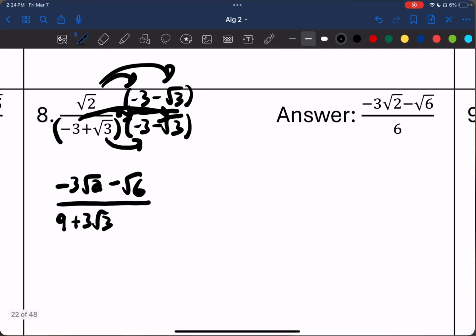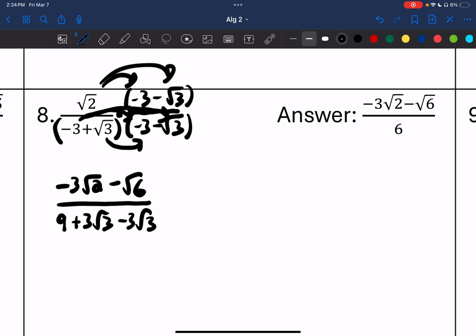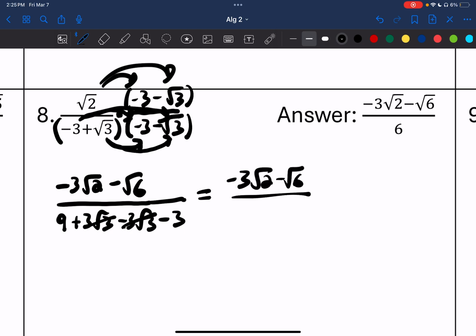Root 3 times negative 3 is negative 3 root 3. And then positive root 3 times negative root 3 is negative 3. Plus 3 root 3 minus 3 root 3 cancels out. And we're left with negative 3 root 2 minus root 6 over 9 minus 3, which is 6.